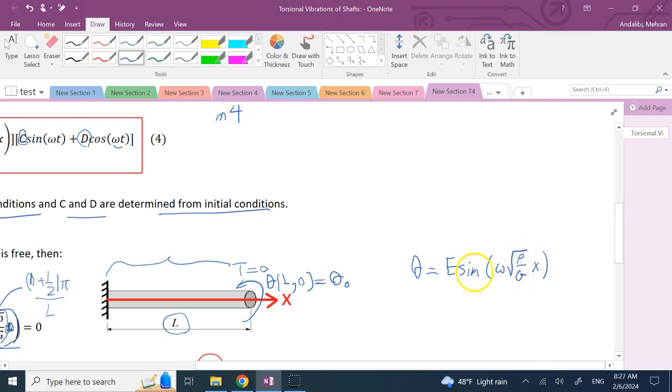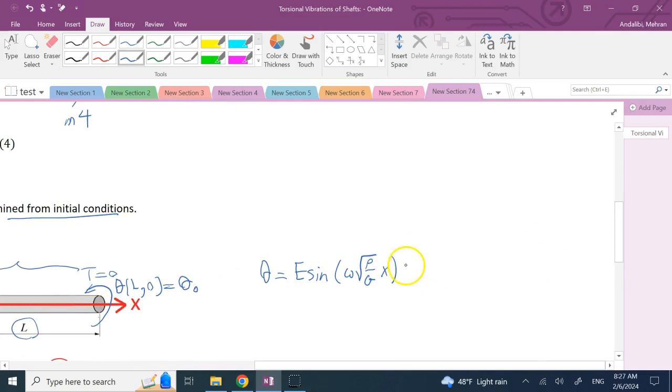By the way, this x is outside the square root. This thing times, and I can bring this E inside the bracket, E times sine omega t plus F times cosine omega t. Right? This is my function.